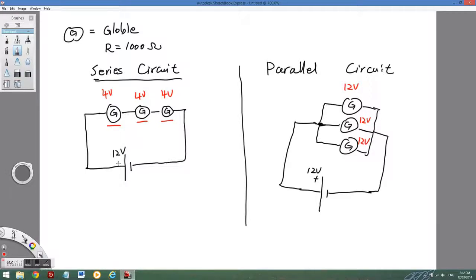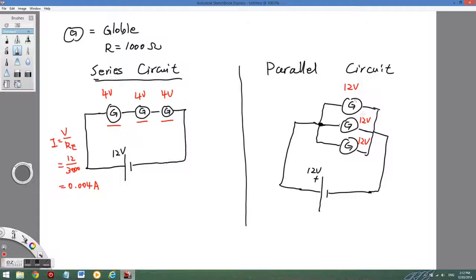Now, let's have a look at the current. The current in a series circuit will be the same, and can be found by the total voltage divided by the equivalent resistance, which is 12 divided by 3000. So it's going to be 0.004 amps.